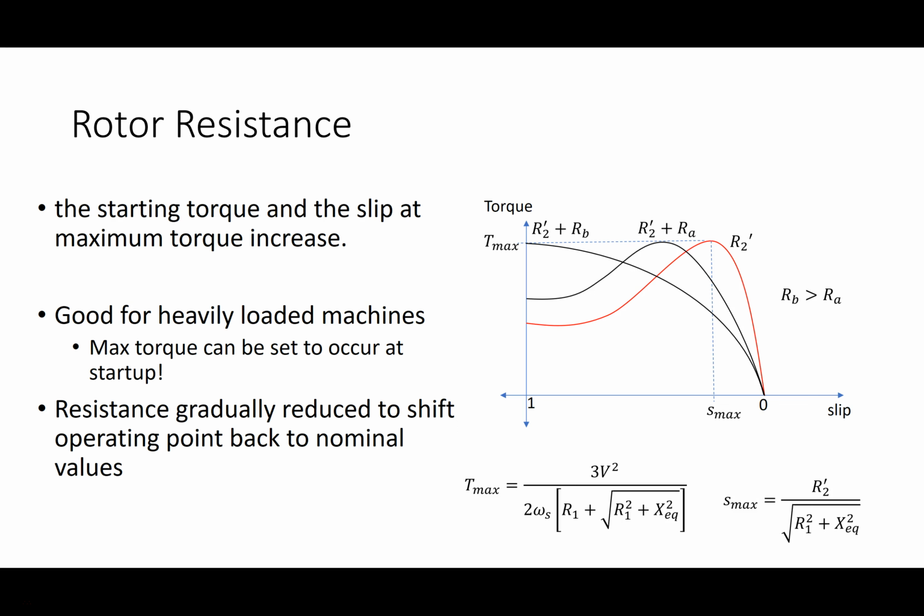The other technique we typically use is rotor resistance. This is good for heavily loaded machines because you can change the slip at which maximum torque occurs. If you look again at Tmax, you'll see that it does not depend on the rotor resistance. It depends on the voltage, but not the rotor resistance. Whereas Smax does depend on the rotor resistance.